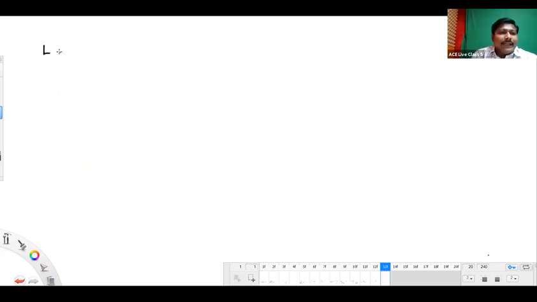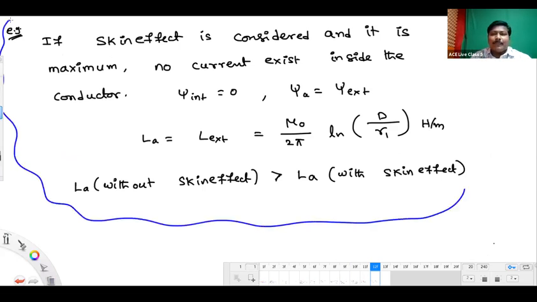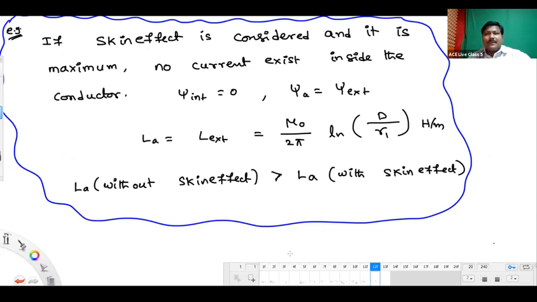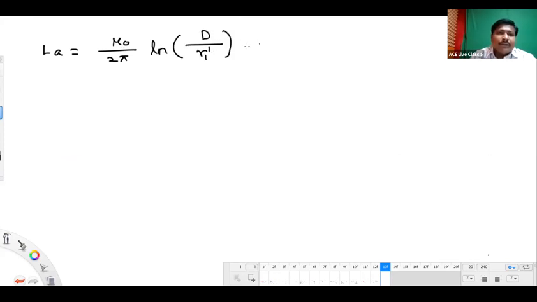So LA equation, we have already mu naught by 2 pi. Keep this whole in a bracket and keep it aside completely from our discussion, because this is not the thing we are discussing. In the discussion of inductance, the formula is mu naught by 2 pi ln of D by r1 dash in terms of Henry by meter.